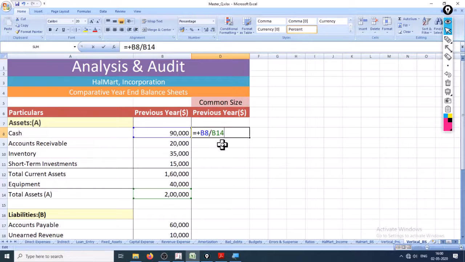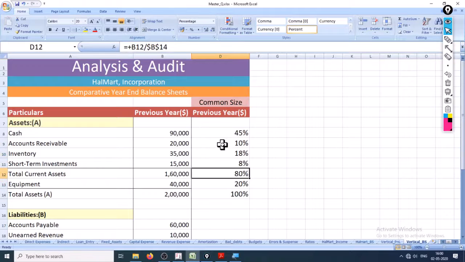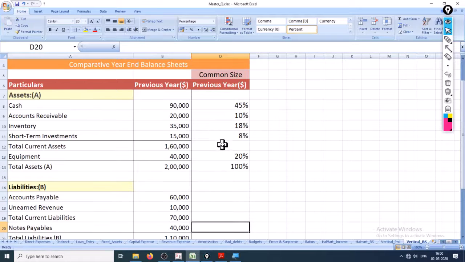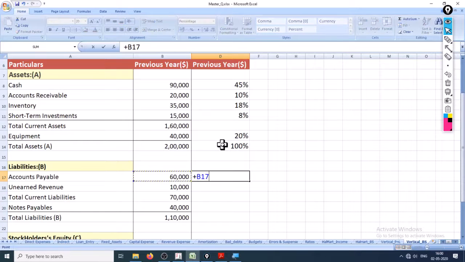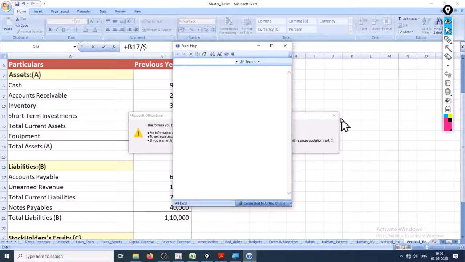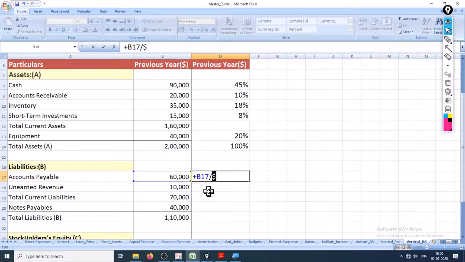Oops, F2, F4. Yeah, done. Delete this, and again we have to apply that formula, that is this divide by dollar. Okay bro, sorry, let's not mess with Excel, otherwise it will get angry.